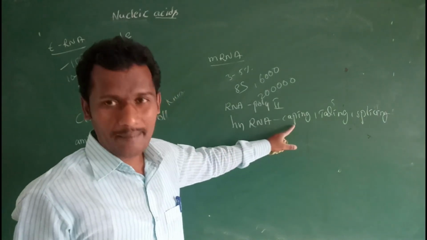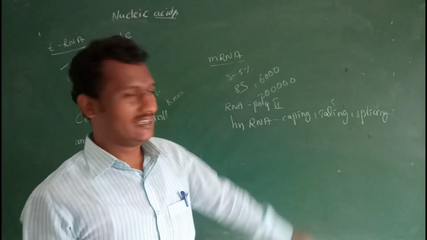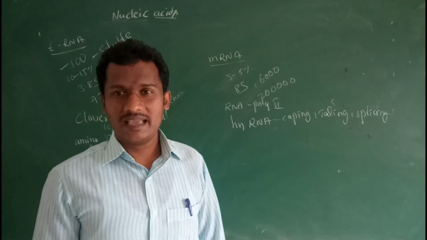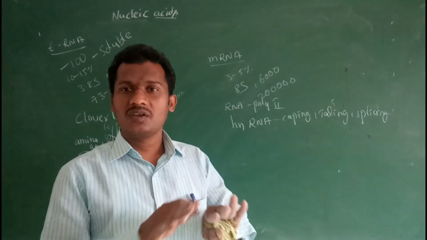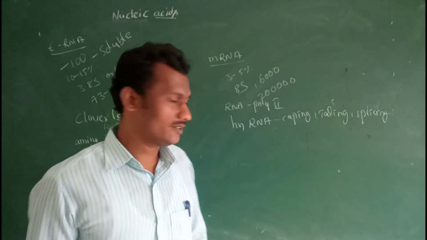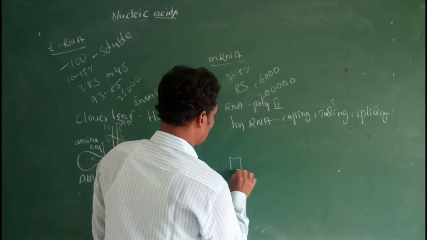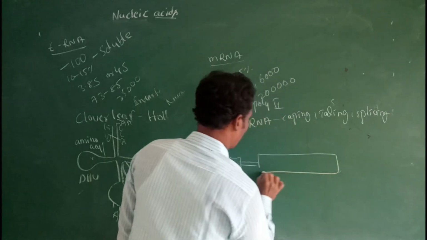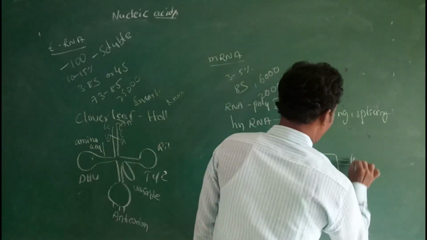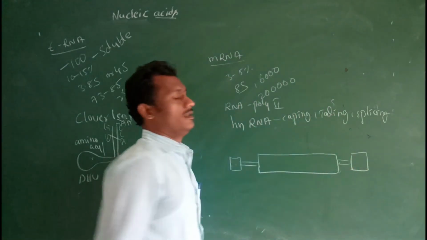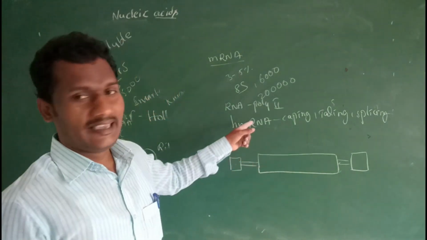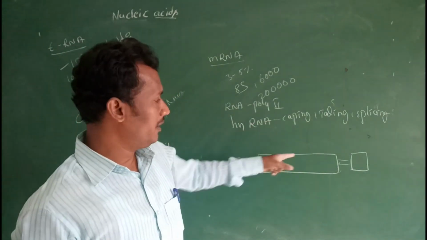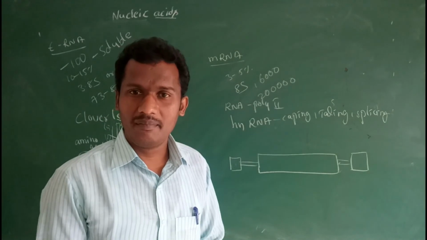Capping adds a cap, tailing adds a tail, and in splicing the introns are removed and the exons are joined. After processing, the hnRNA becomes mature mRNA.